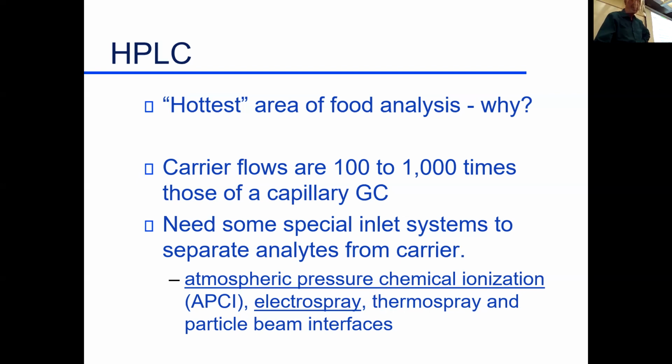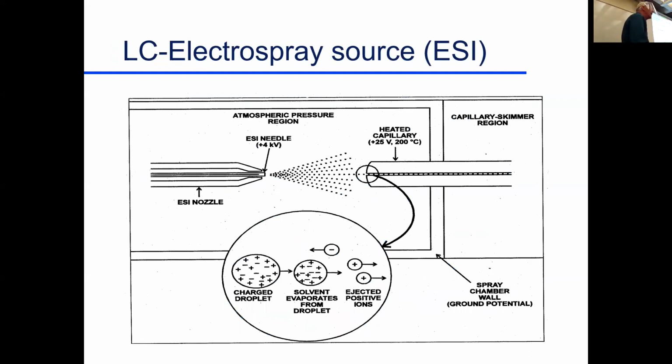So this, if it decides to move, let's try that way. There we go. So this is electrospray. So electrospray ionization, ESI. Very common, you'll see LC-MS, or I'll get it right, LC-ESI-MS, electrospray ionization mass spectrometry.